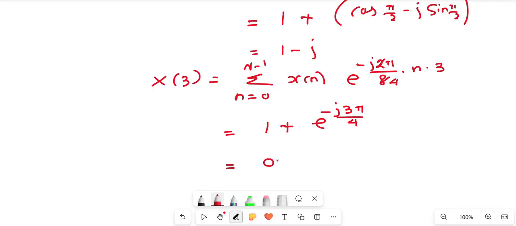If you calculate using the calculator, you will get 0.292 minus j 0.707. Use the calculator, cross-check, and you will get the value.